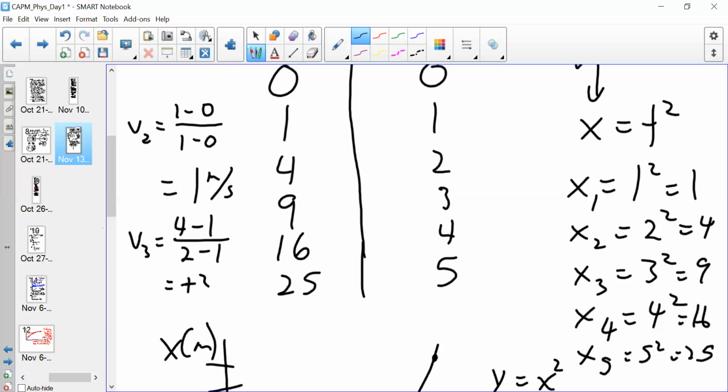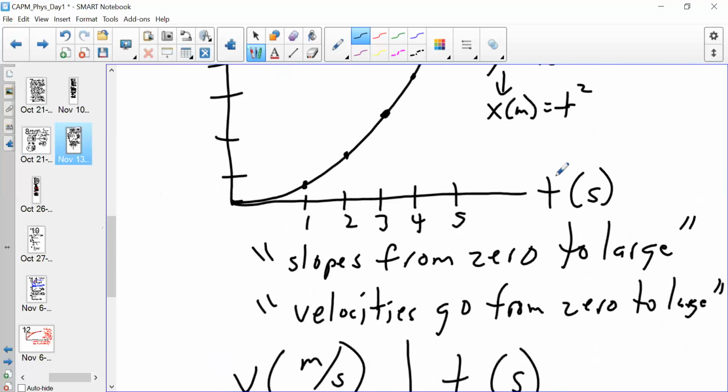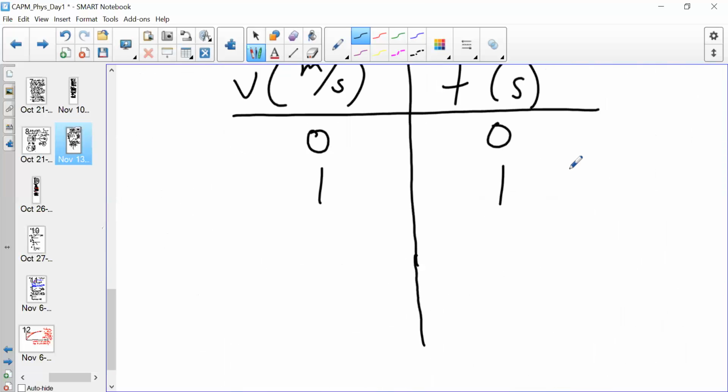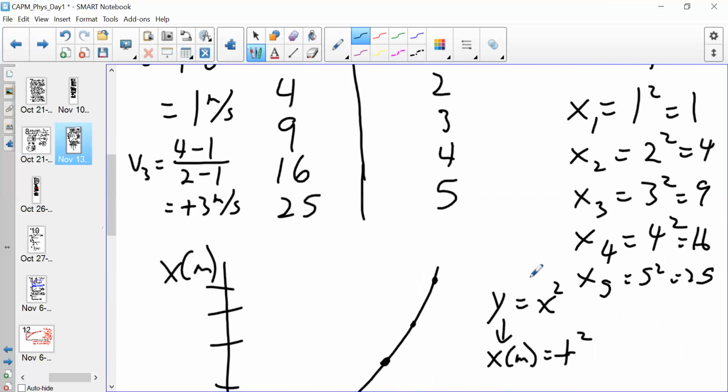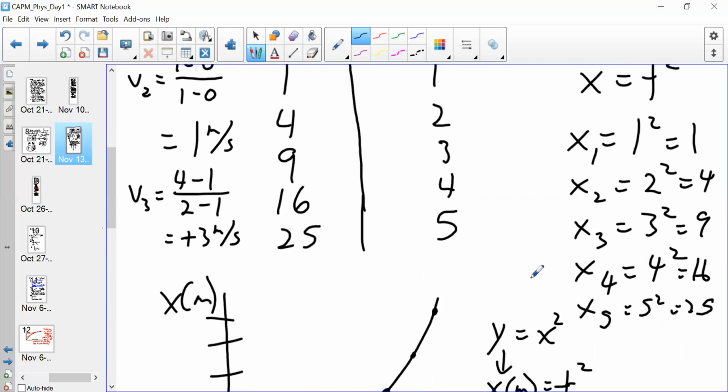Let's go ahead and say plus 3 meters per second. And then we can kind of get a feel of what is going to happen. But I'll do one more to convince you.